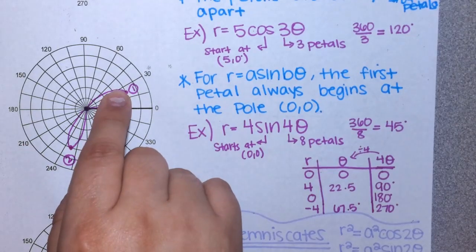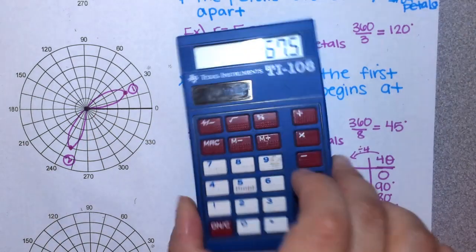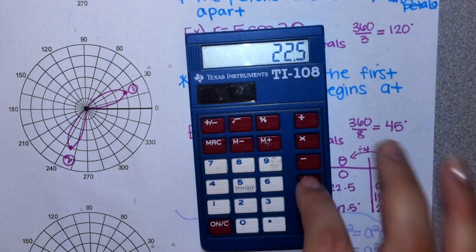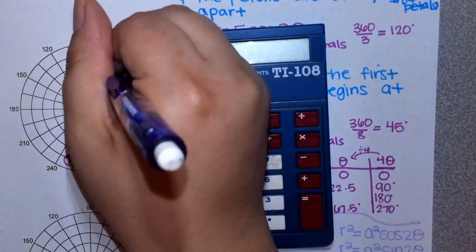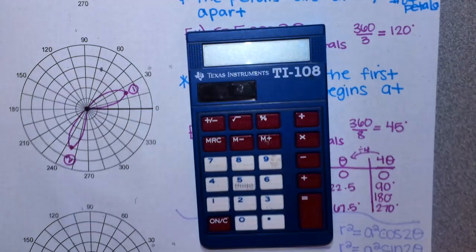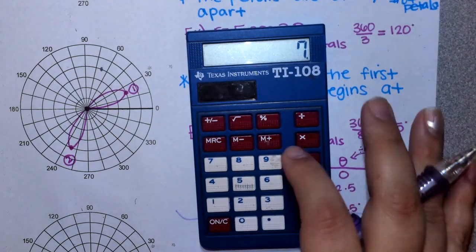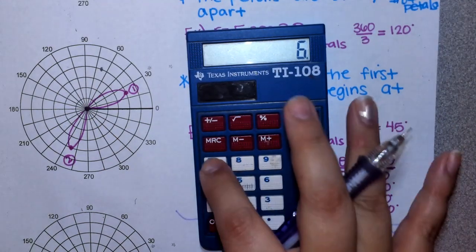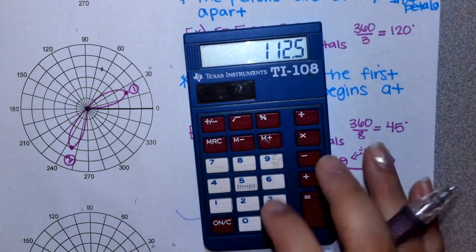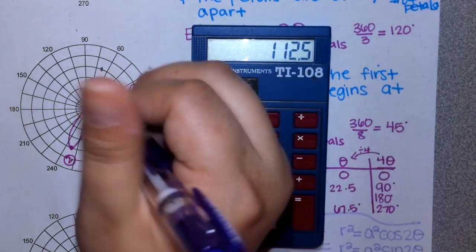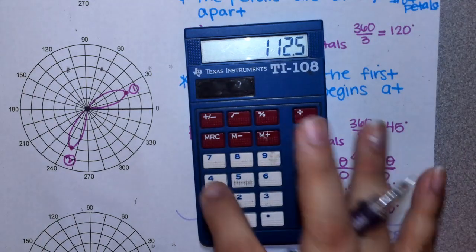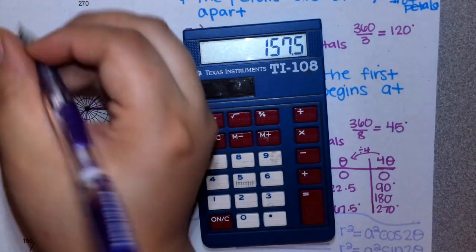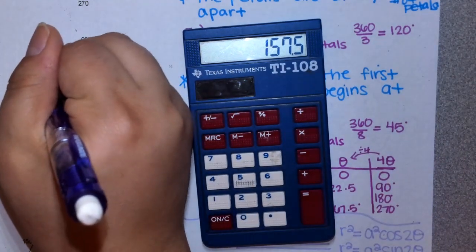What point is this at? I'm at 22.5 right there. Could I add 45 to that? Yeah, there's going to be a petal at 67.5. Could I add 45 to that? There's going to be a petal at 112.5. Add 45 to that at 157.5.